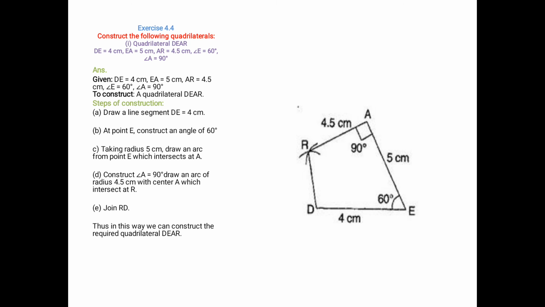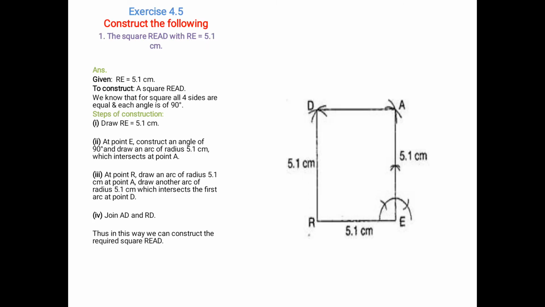Now we will learn about how to construct a quadrilateral when some special properties are known, with the help of exercise 4.5. Number 1 says construct the square READ with RE equals 5.1 cm.